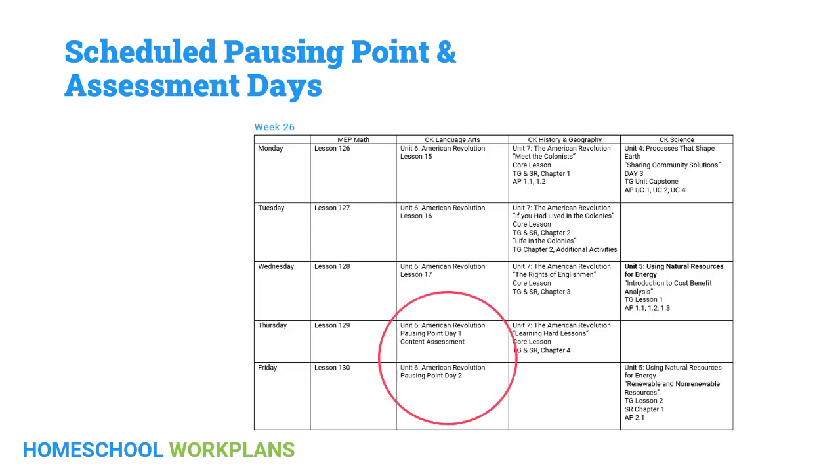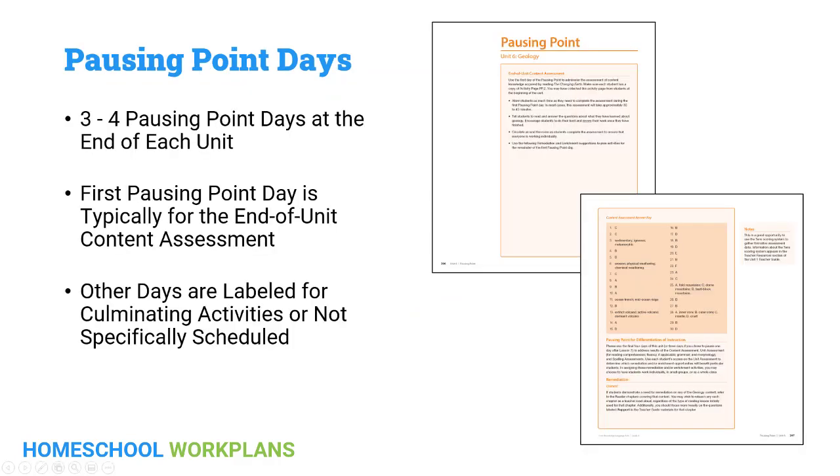And so Thursday, we have pausing point day 1. And on that day, the content assessment is happening. So you see that right there, pausing point day 1, content assessment. And then the next day is pausing point day 2, and there's not a specific activity listed on the schedule. So let's tackle the pausing point days first, and then we'll tackle how the assessments work in a few minutes.